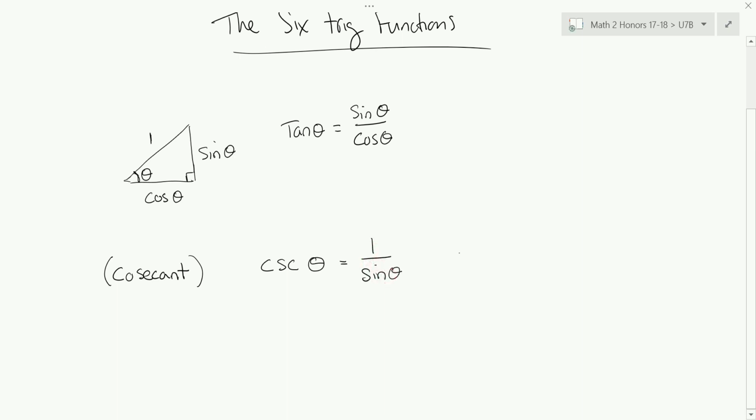So if the sine of theta is 2/3, then the cosecant of theta would be what? 1 over 2/3. But that's the same thing as just flipping the fraction over, which would be 3 over 2. That's what we mean by reciprocal.